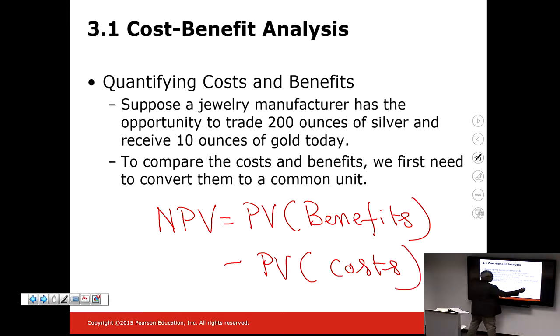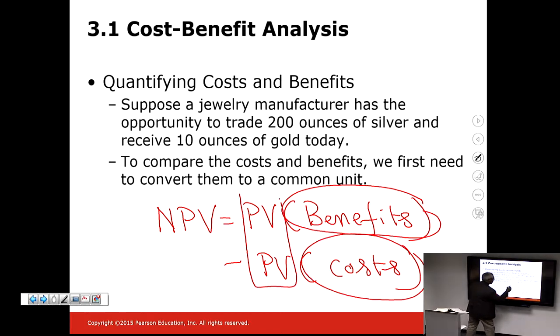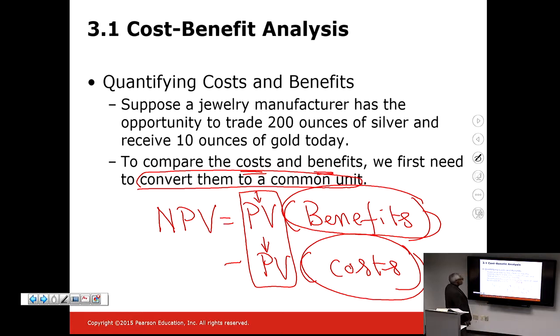And if benefits outweigh costs in their common present value framework, then the net present value is going to be positive. In this case, of course, we are going to go ahead with that opportunity because the benefits exceed costs. So to compare costs and benefits, we have to convert them to a common unit. That's what this technology of calculating present value is, which we will be talking about quite a bit in this course.